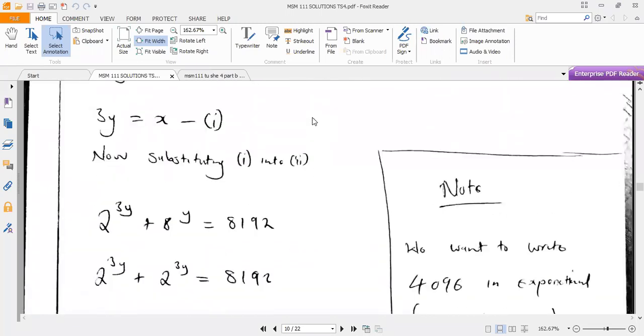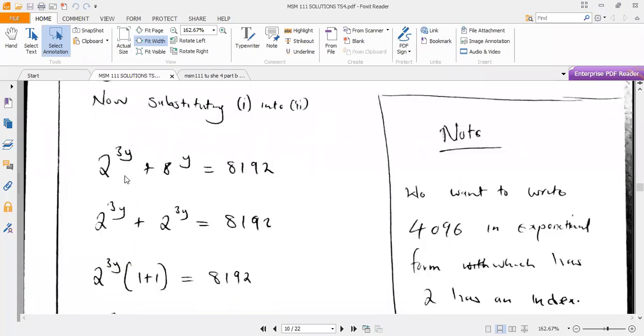Plus 8 to the power y is equal to 8,192. Since the 8 can also be manipulated, it's the same as 2 to the power 3, so it will be 2 to the power 3 times y, which is 3y.